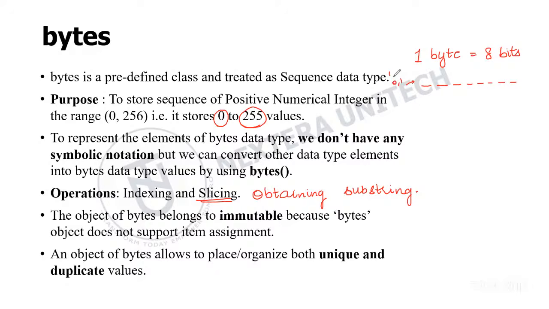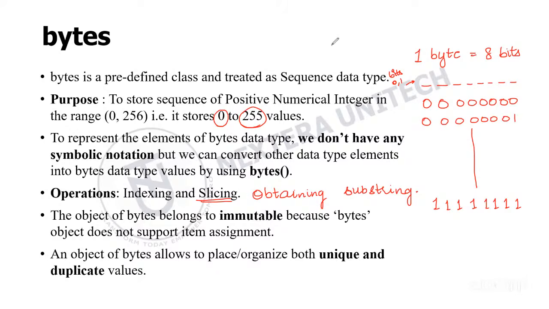So these are the bits, this is 8 bits. The combinations will start from all zeros and go on till all ones.